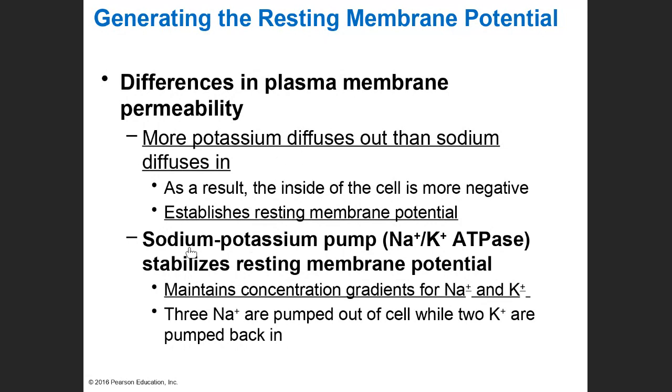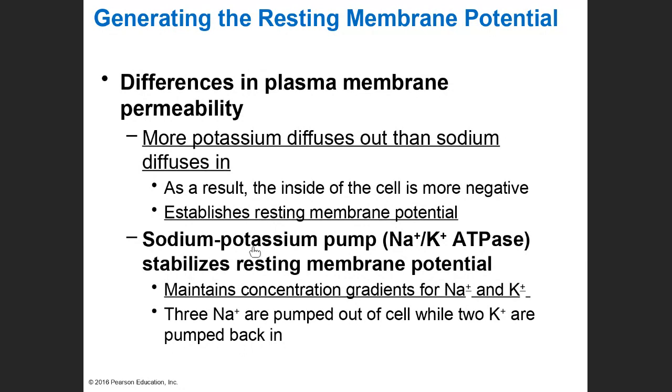Now, the sodium-potassium pump, I want you to understand that the sodium-potassium pump helps maintain the resting membrane potential. It plays only a small role in returning the cell back to rest. It has a greater role in, after it has been returned to rest, maintaining that resting state.